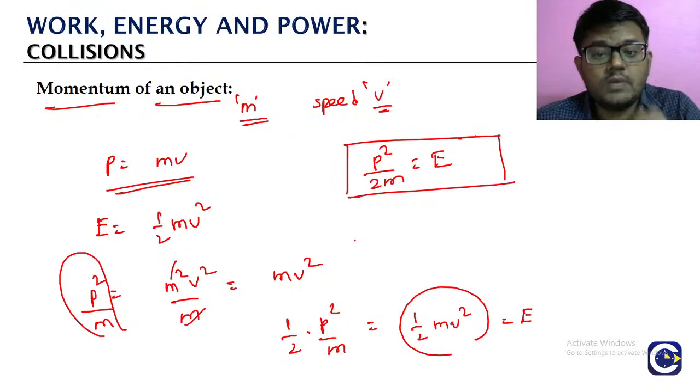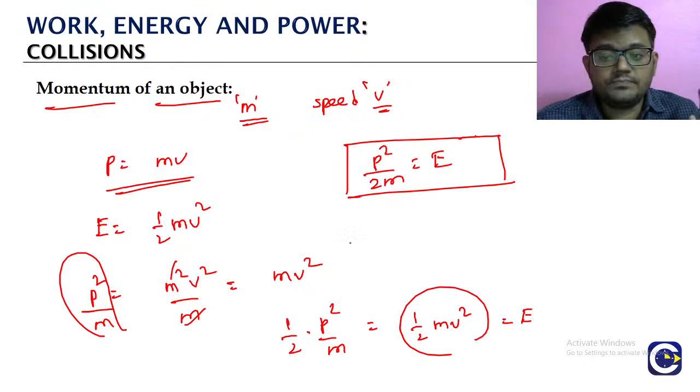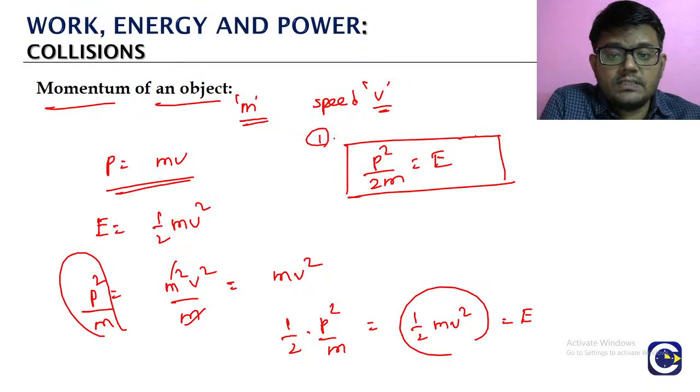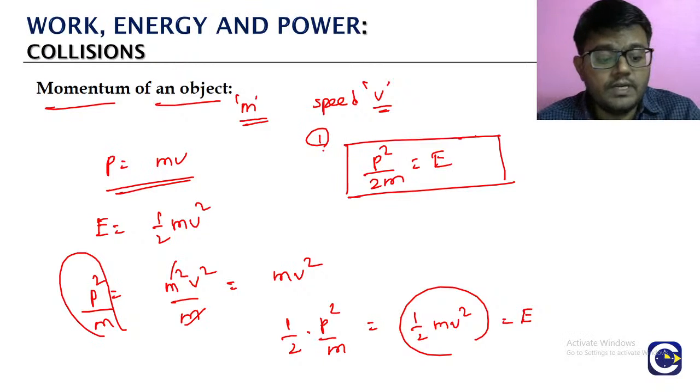In formulas, not only here but even in other places, substituting the relations will be useful. At least four or five questions have come based on the relation between linear momentum and kinetic energy. So this is one relation, for finding the kinetic energy from the momentum and mass.